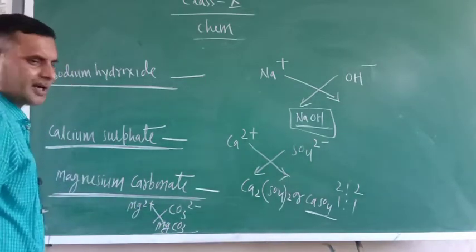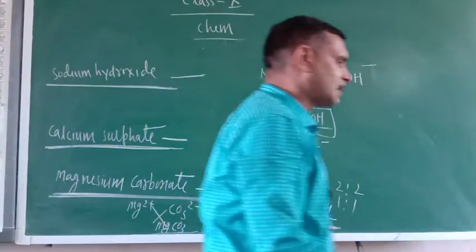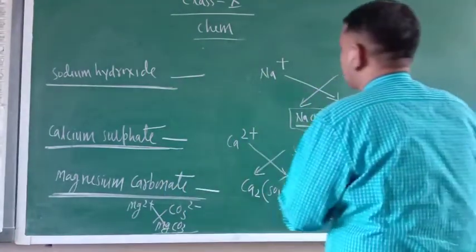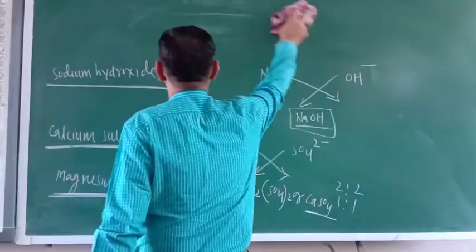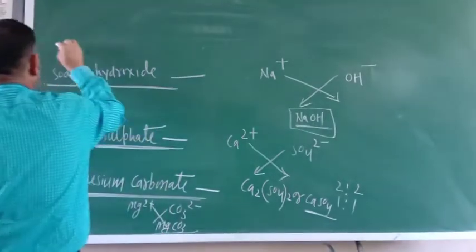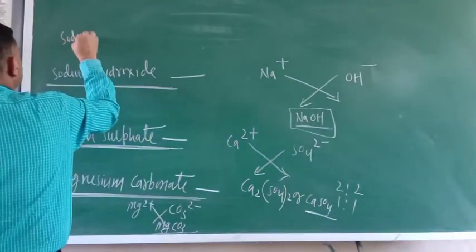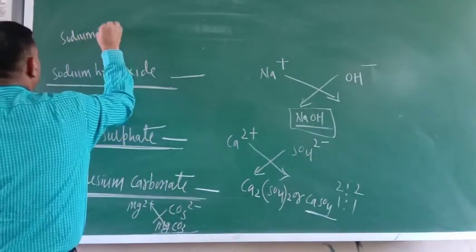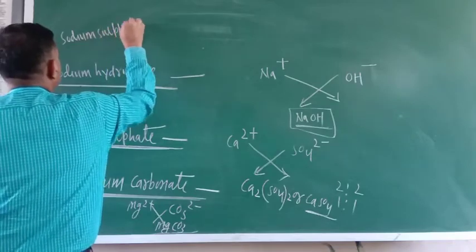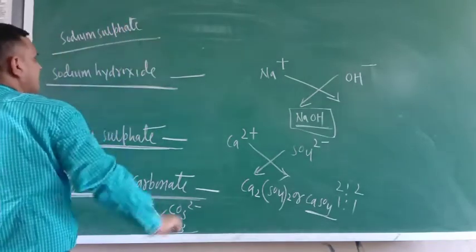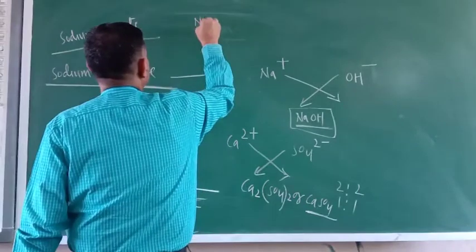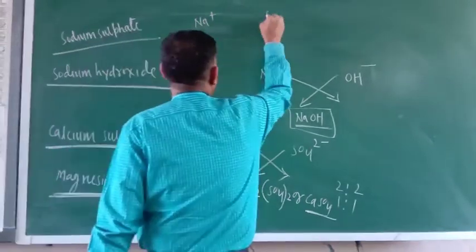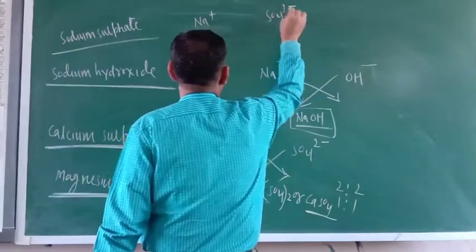Let us take another example. Suppose I am telling you to write sodium sulfate. Sodium is Na positive and sulfate is SO4 2 negative.